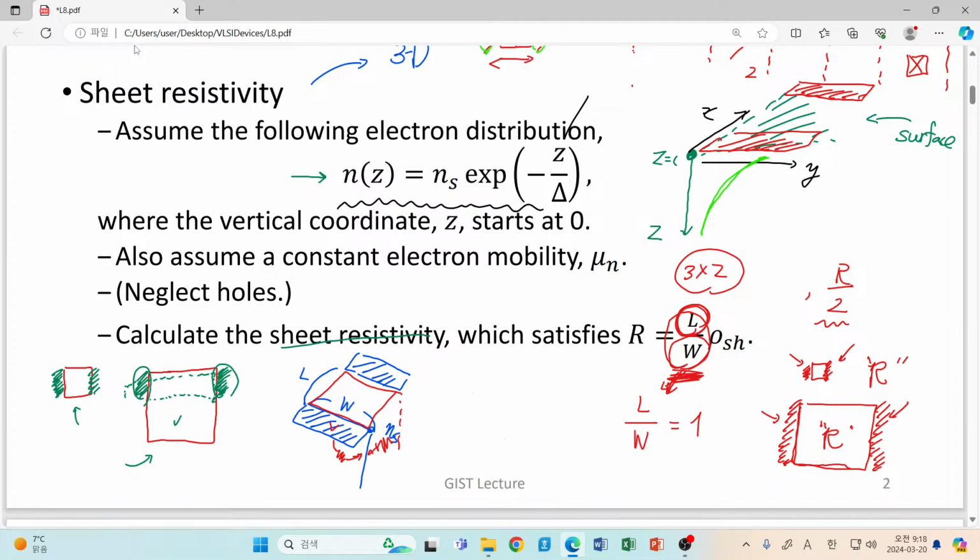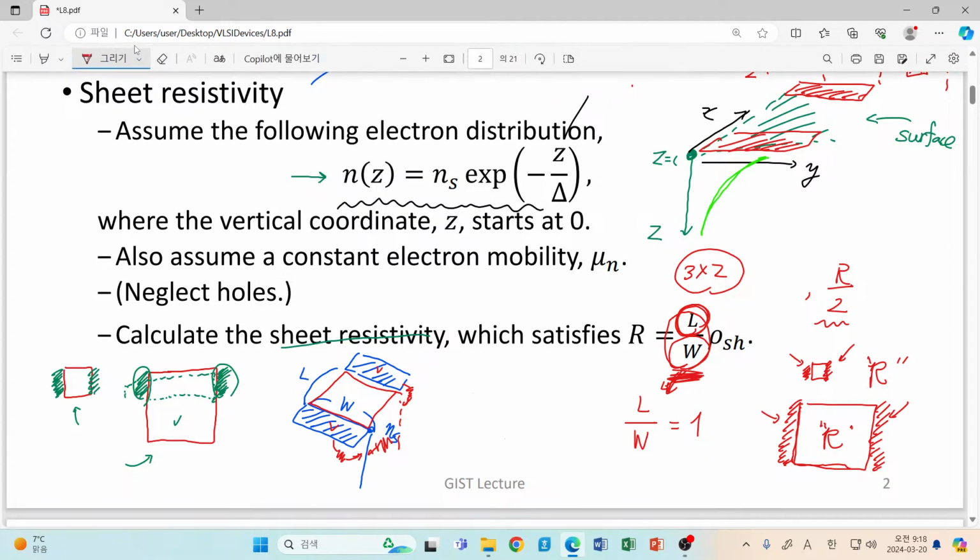And after that, once we arrive at the end of this box, we may have another resistance component, finally up to this top surface.